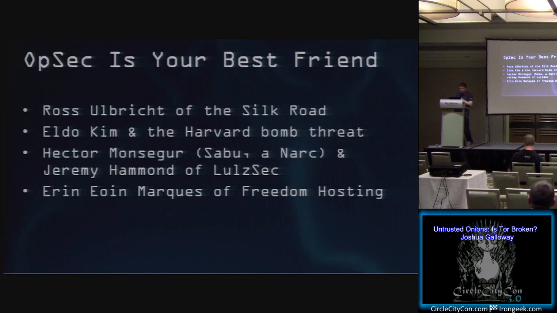Another famous case of an OPSEC failure leading to a Tor user being busted is Eric Eoin Marques. He ran something called Freedom Hosting, which was used to host a lot of child pornography. What he didn't do is update his Tor browser, so it was vulnerable to a known vulnerability, and the FBI was just able to compromise that.